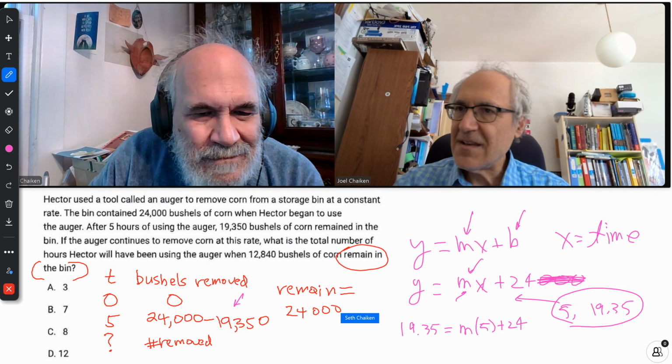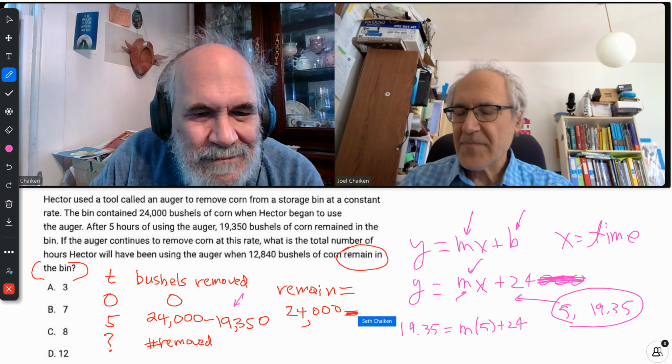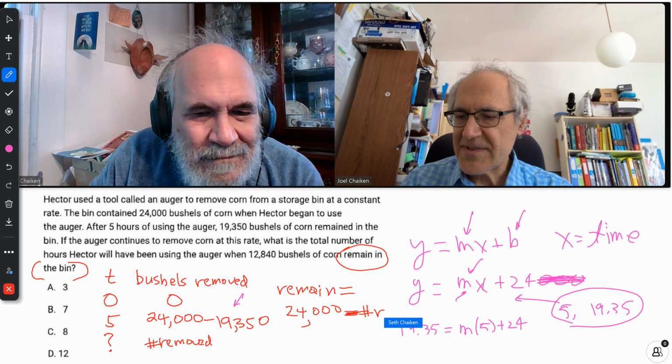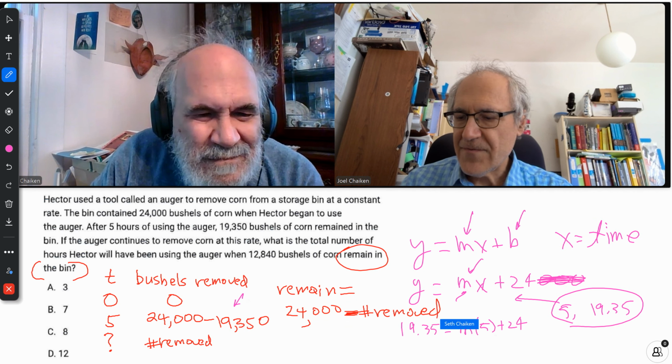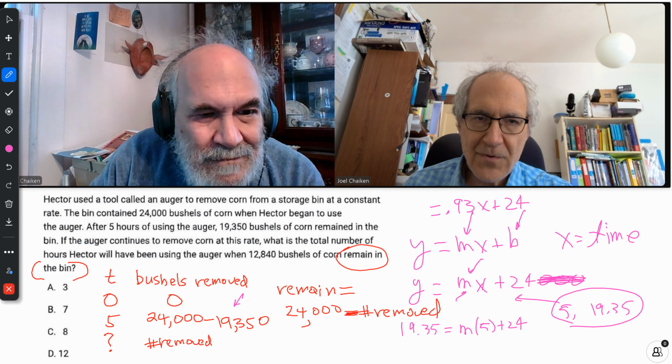So the slope is 19.35 minus 24 divided by 5. So the slope is negative 0.93. So we have our equation, y equals negative 0.93x plus 24.